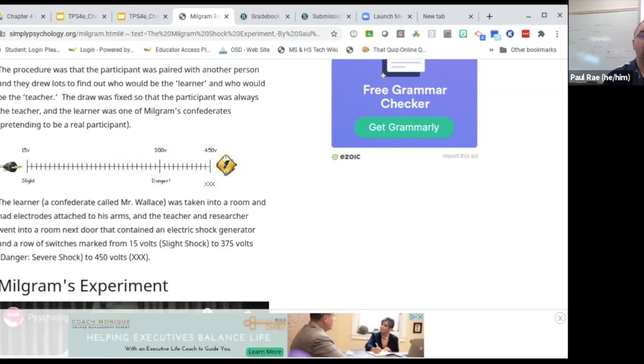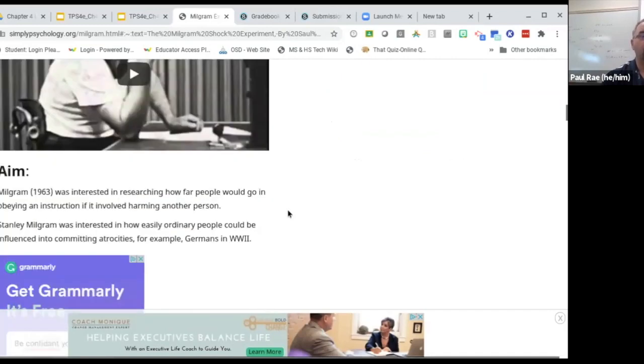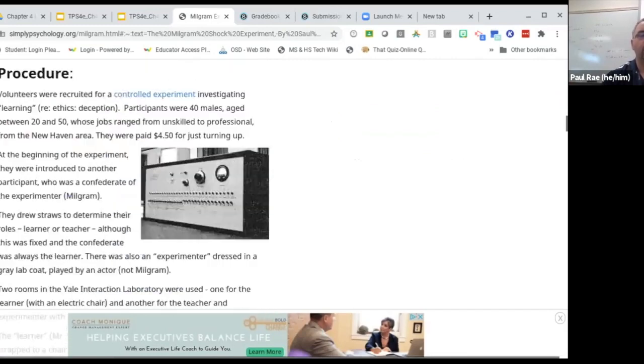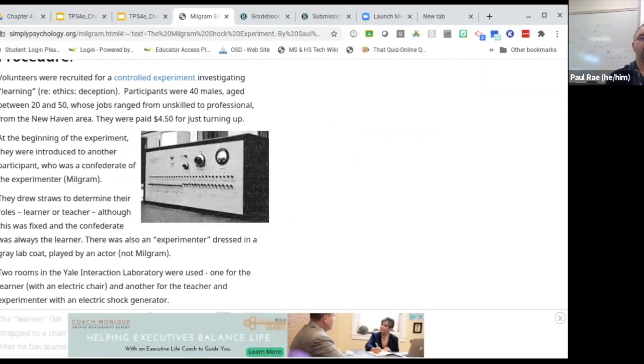And the person who's the teacher that goes with the experimenter is given a panel, and I think they had a picture of it here. And what they said they were doing was they were going to see how an electric shock could impact the learning on the part of the learner in the other room.